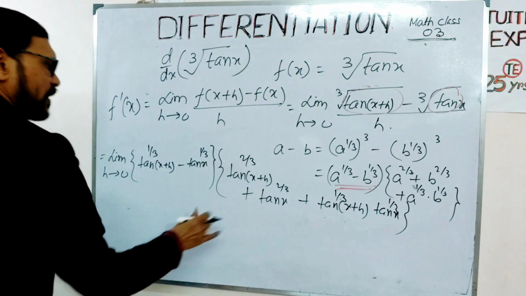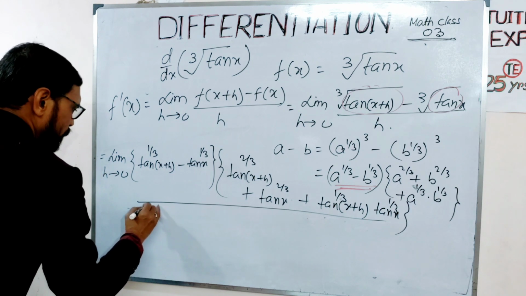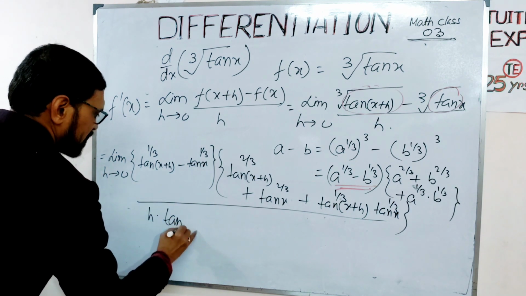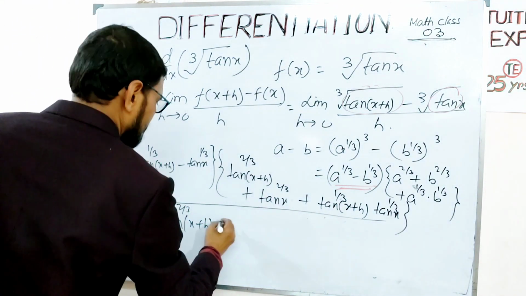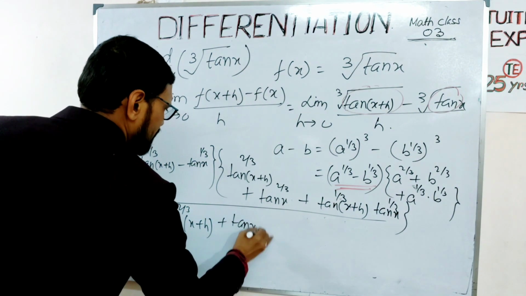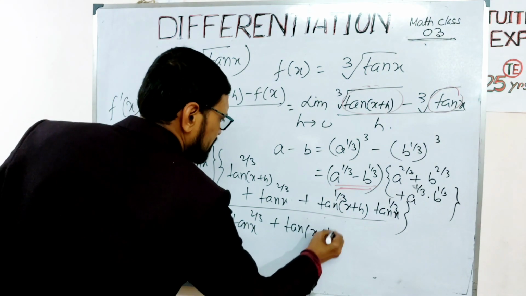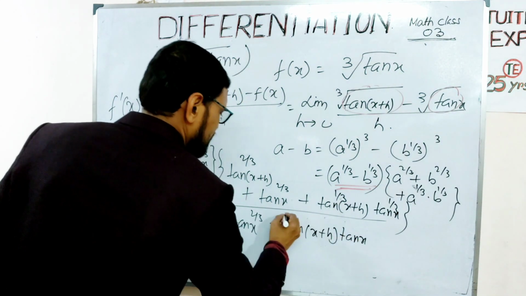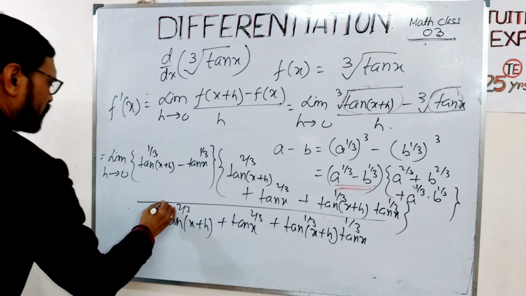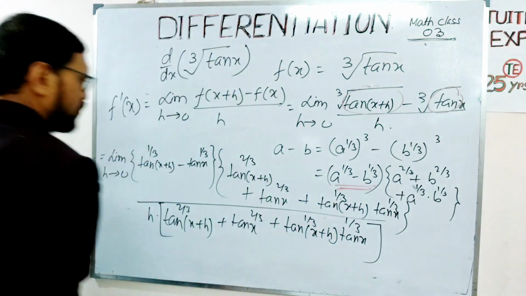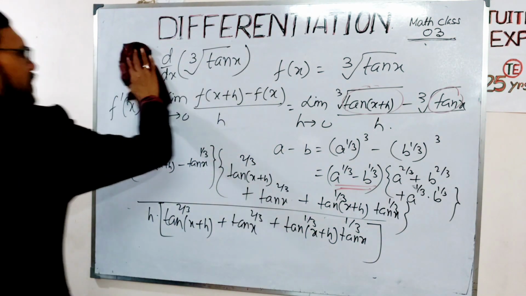So we have to multiply this value, divided by this, h into this. So we have to multiply this, both numerator and denominator. Now what is the result of this?